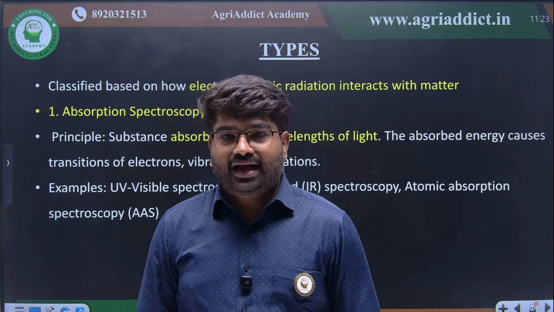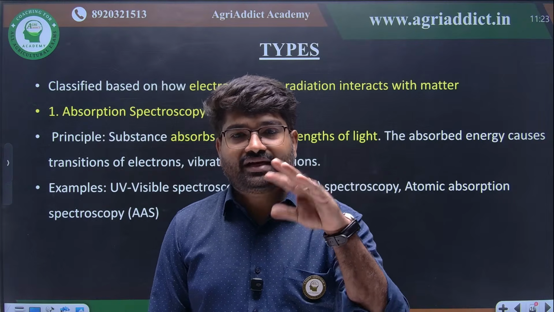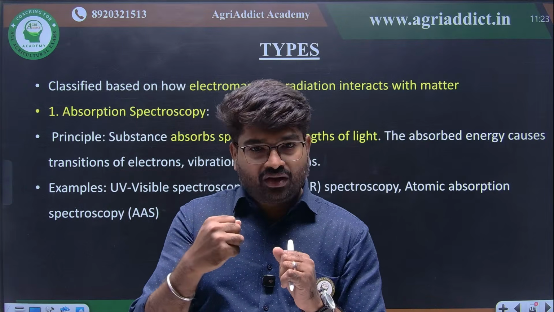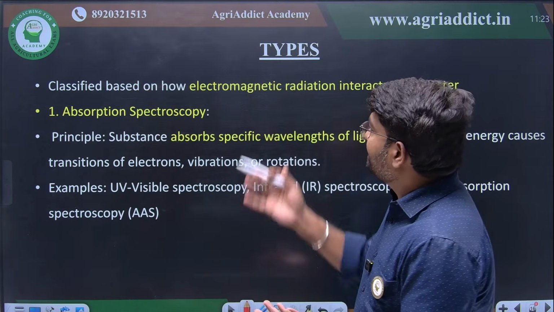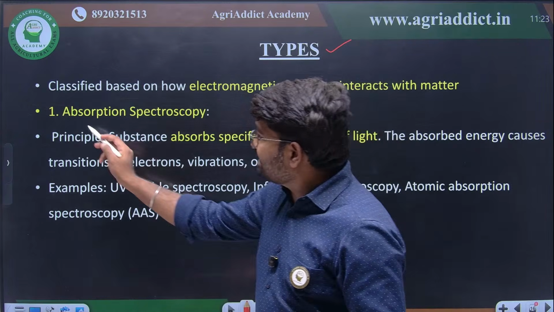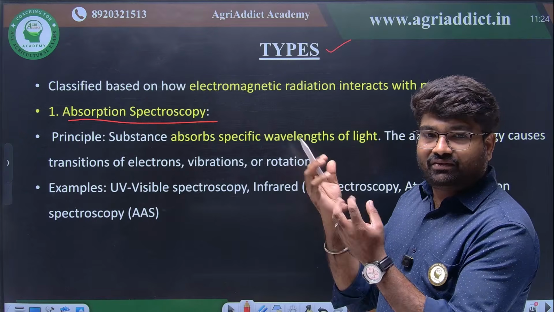I already told you the electromagnetic radiation will interact with matter, which will cause light to be absorbed, scattered or reflected. So these are the different types. If you see the types, there are three different types. One is absorption spectroscopy. That means the light will be absorbed.